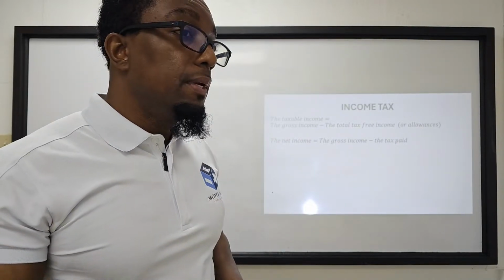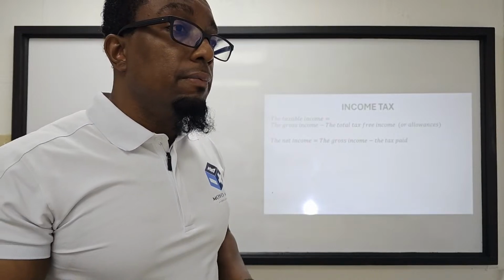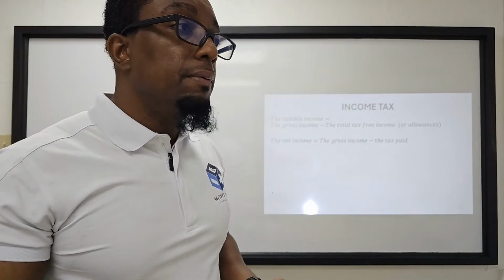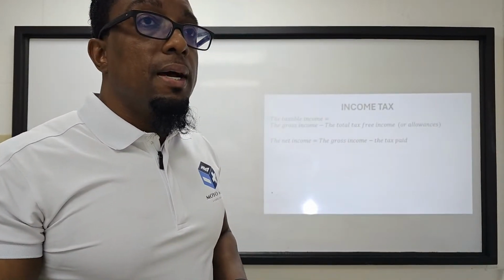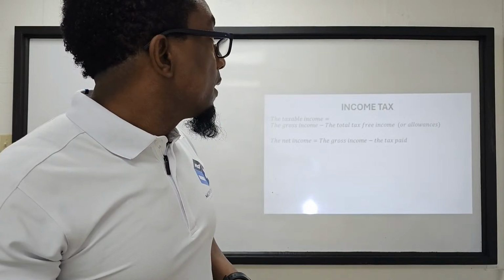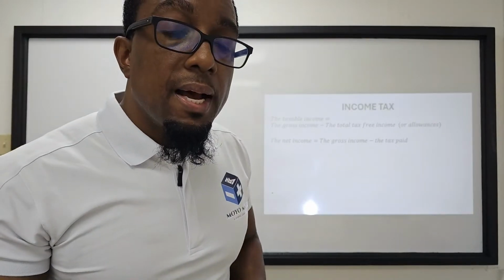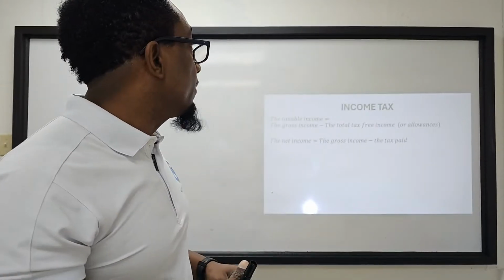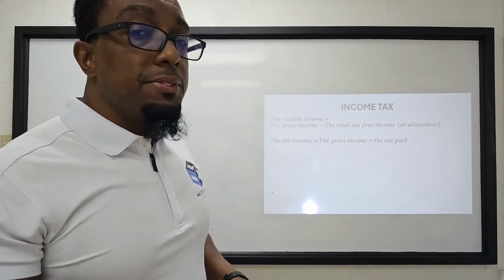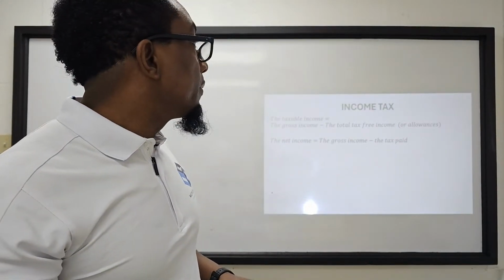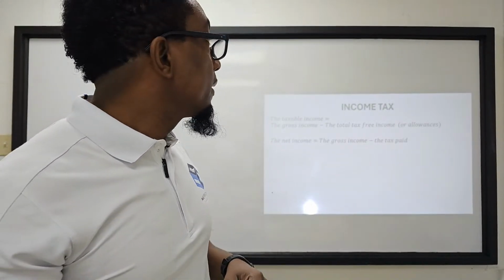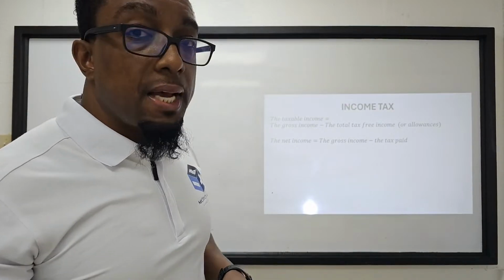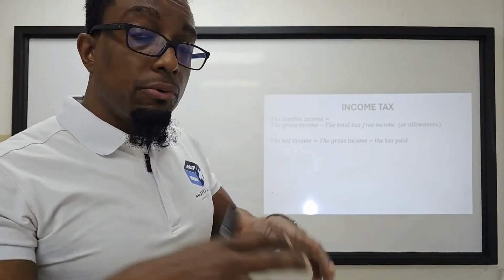For example, if you purchase a house, first-time owner of a property, if you're studying, those allowances are non-taxable. All right? So to determine taxable income, we're going to take our non-taxable income, which is your tax-free income, away from your gross income.